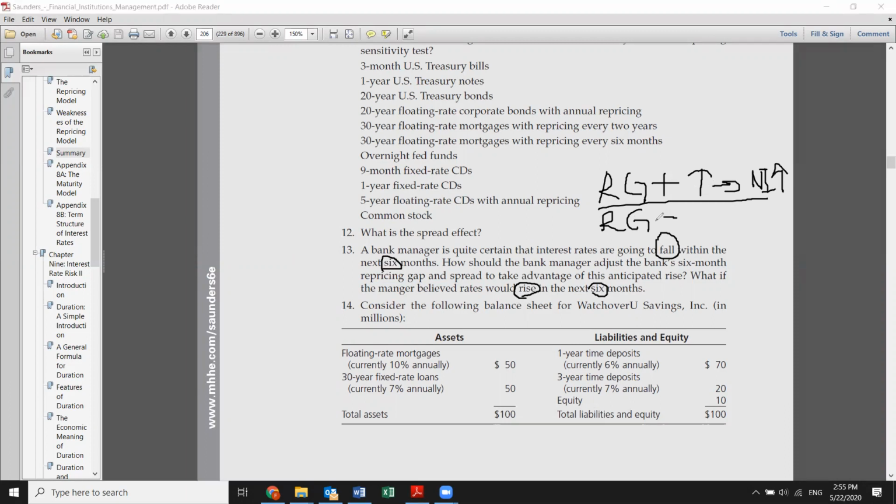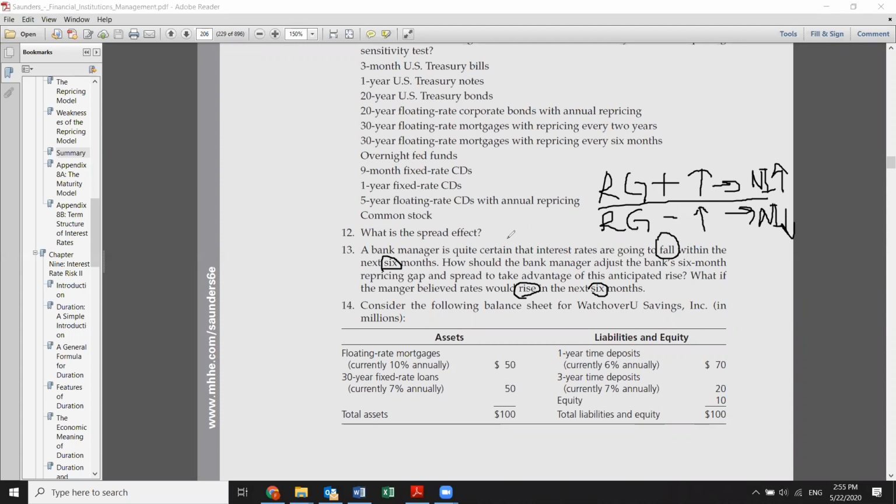But when the repricing gap is negative, an increase in the interest rate will reduce your net interest income. If interest rates go down, the net interest income will go up. That is how it works with a negative repricing gap.